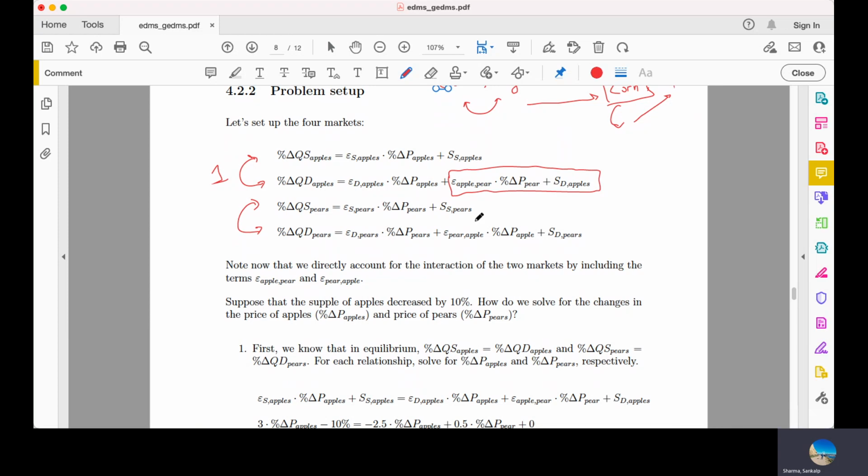Let me just use demand as an example because we're going to be using demand. So let's say for some reason the demand for apples completely crashes, right? I mean, people have just refused to eat apples anymore for whatever reason. Maybe there's a disease going on. Maybe some health study came out that says that apples are not good for you. So the demand for apples completely crashes.